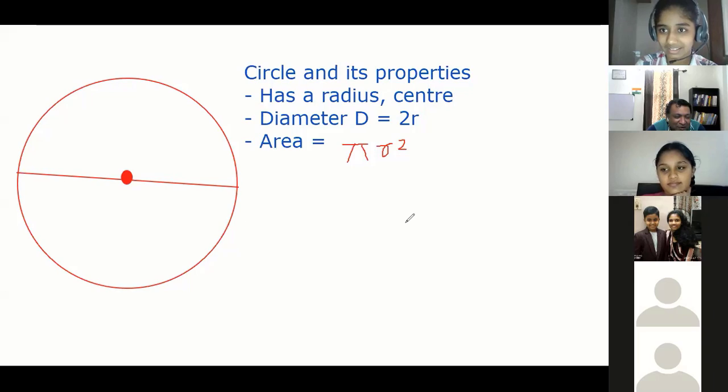I'll explain why pi. Sir, we can even tell the area of the circle is the circumference. I'll come to that. I'll come to pi, I'll come to area, I'll come to circumference. Pratibha, you are saying something?